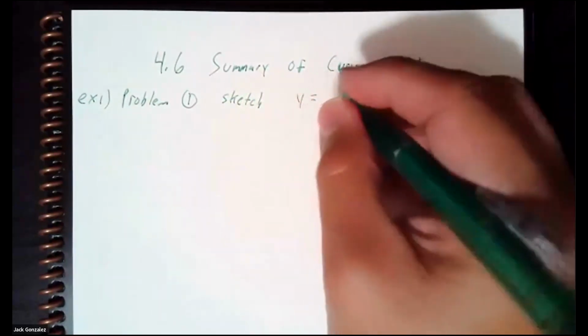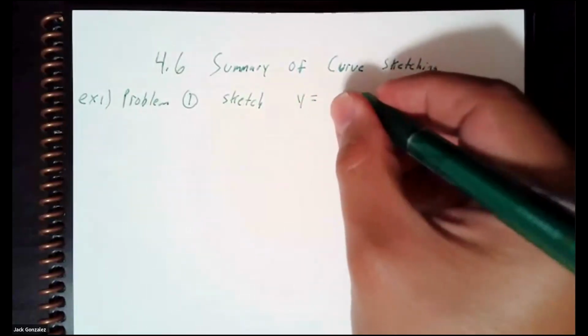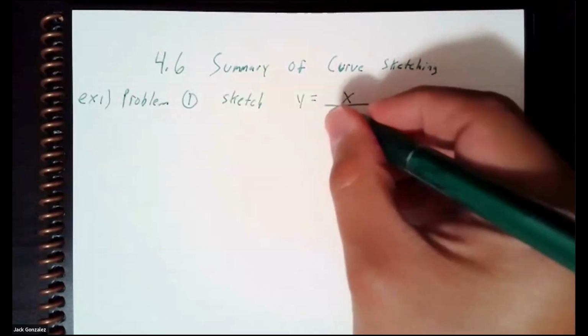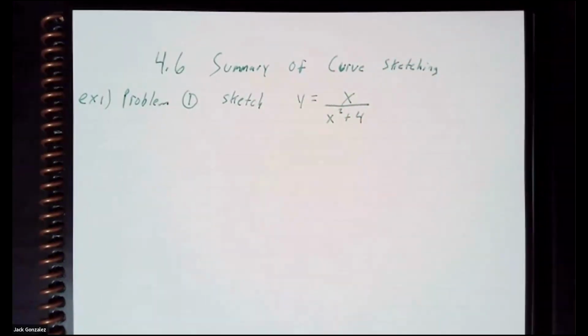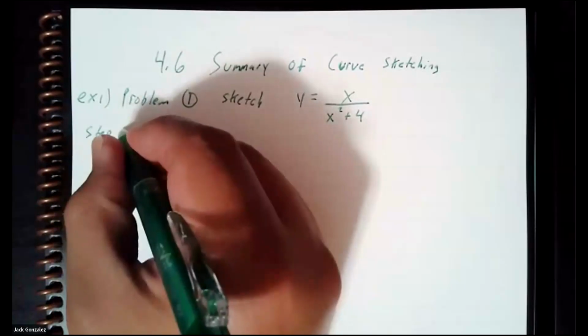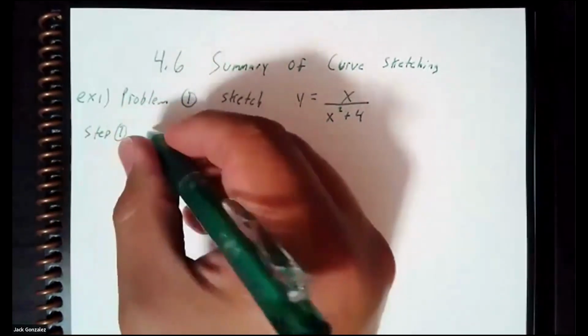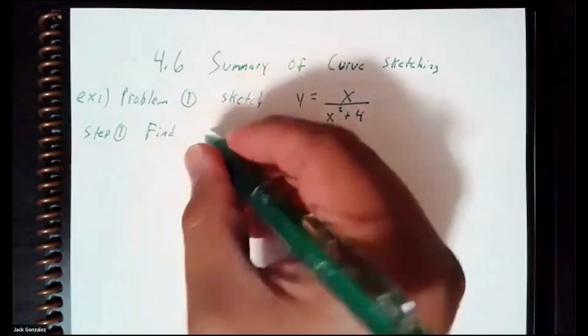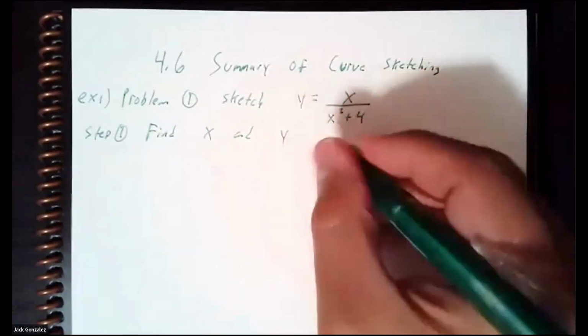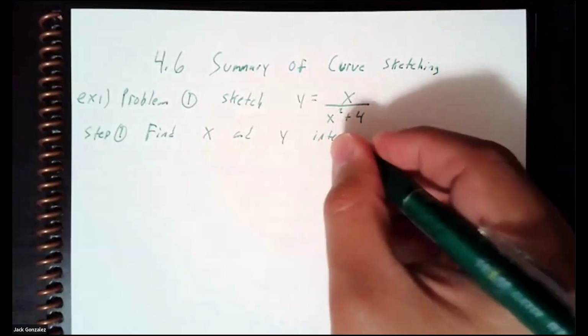Sketch y equal to x over x squared plus 4. All right, the first thing we should do is find the x and y intercepts. So step 1, find x and y intercepts.